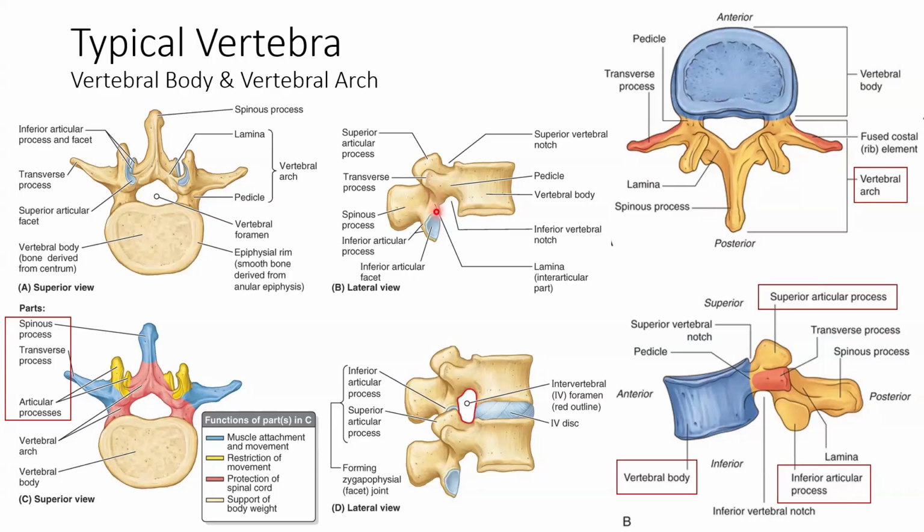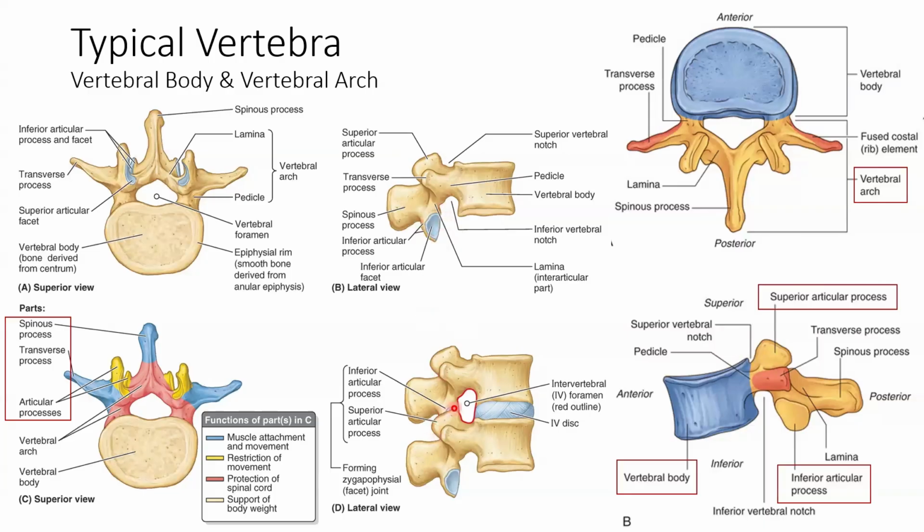Off of the vertebral arch, there are two superior articular processes, right and left, and two inferior articular processes, right and left. So in this view, you're only seeing one of each. Right here is a superior articular process, and down here is an inferior articular process.